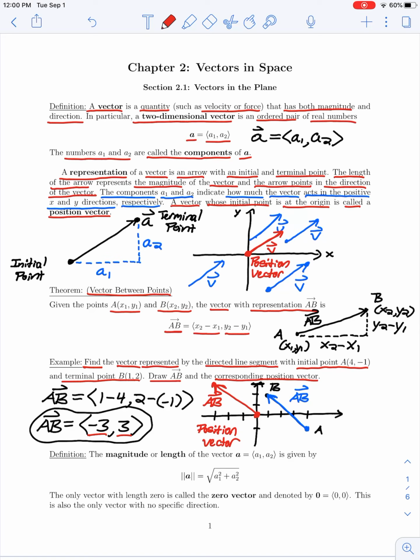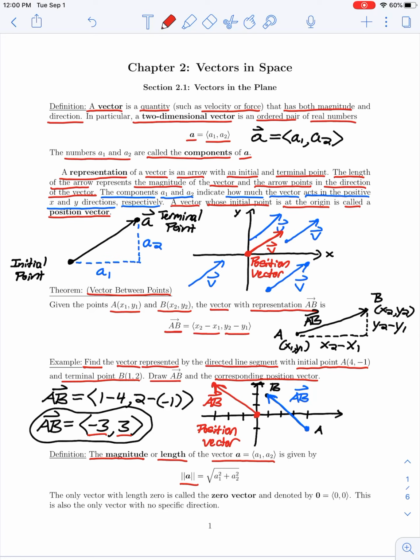Now, another problem of interest that will show up a lot over the course is determining the magnitude, or the length, of a vector. So let's define how to find it. The magnitude, or sometimes we say length, of a vector A, whose components are A1, A2, is denoted by writing the vector A inside of a double absolute value.